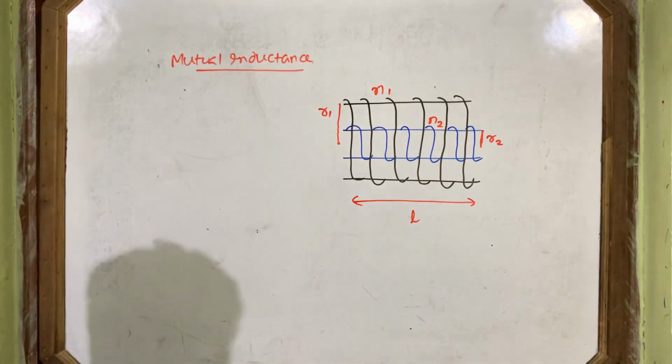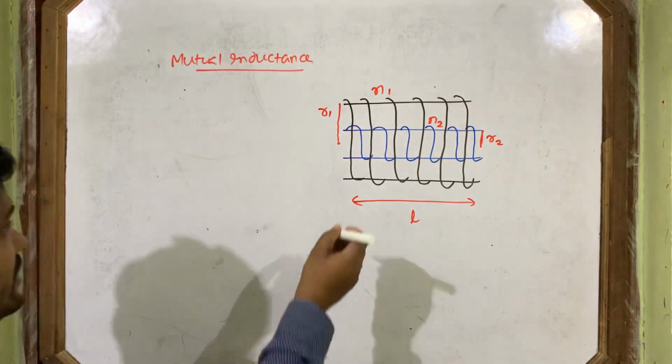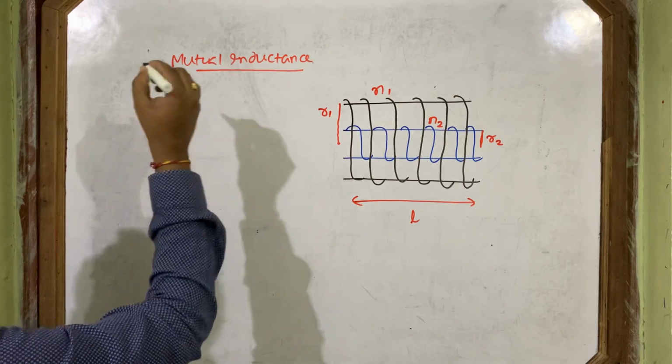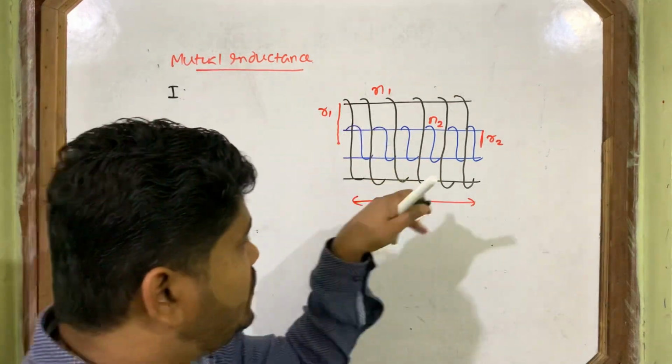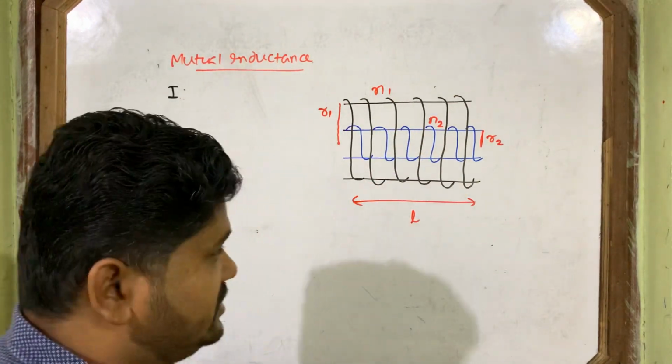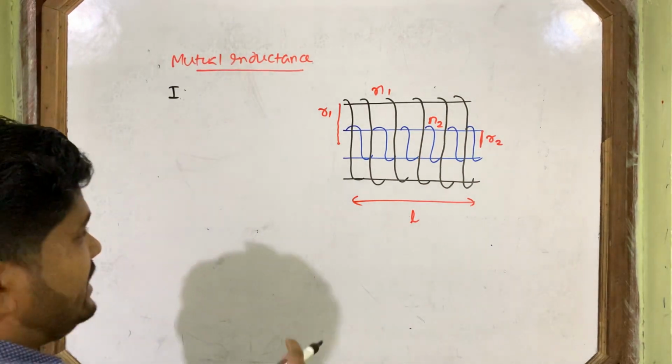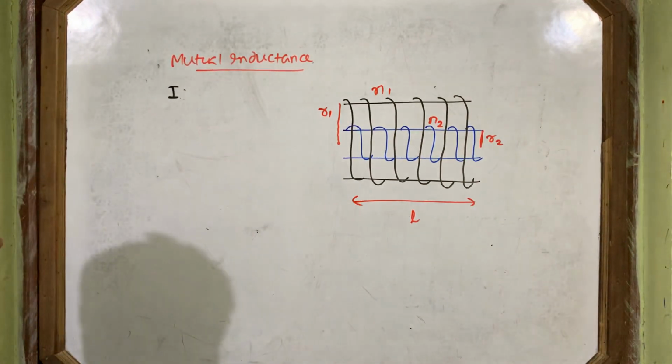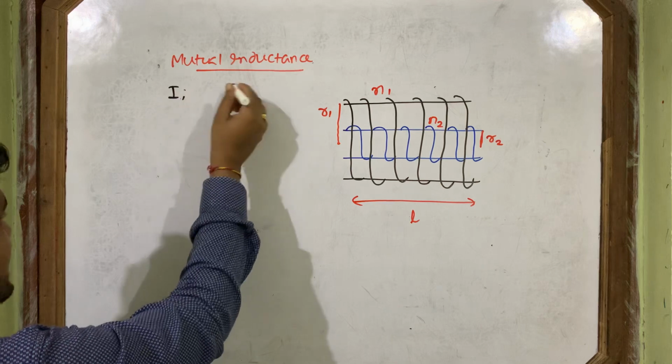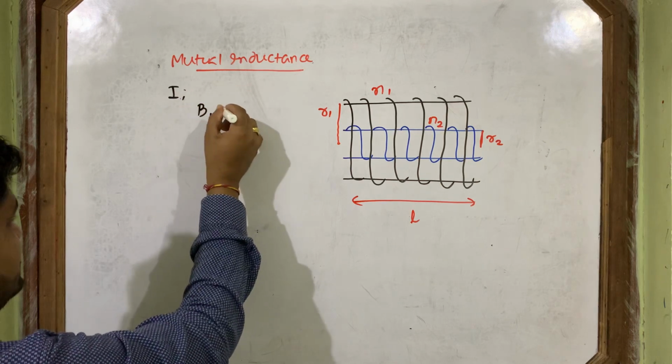Now I will provide current I to the first solenoid. When current I passes through solenoid 1, the outer solenoid, what is the magnetic field B1?